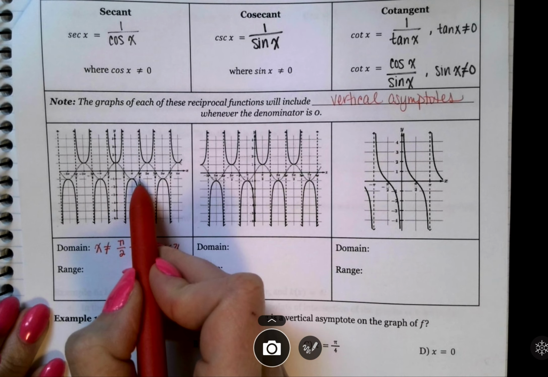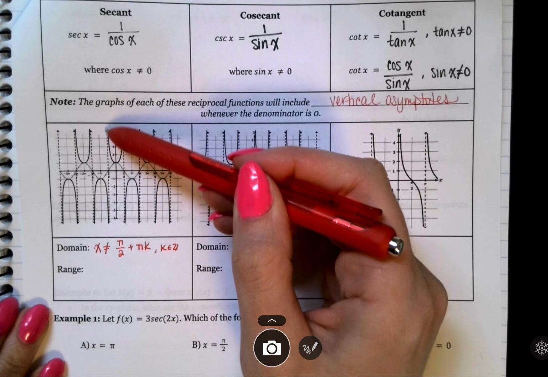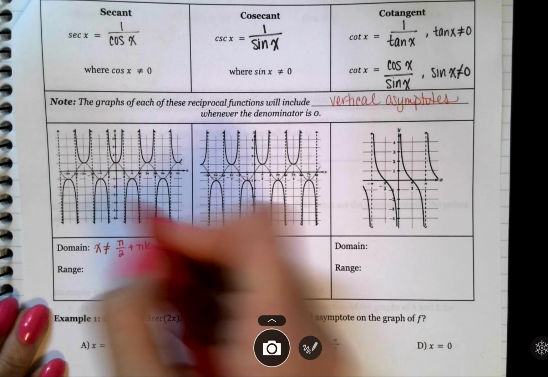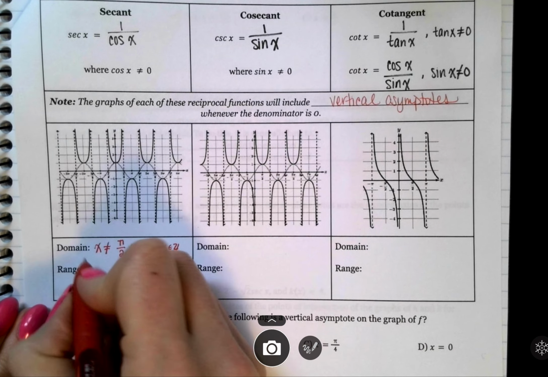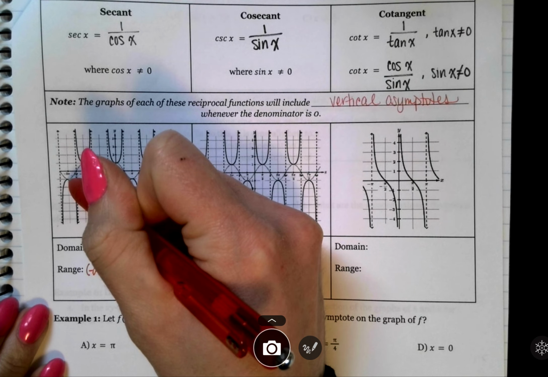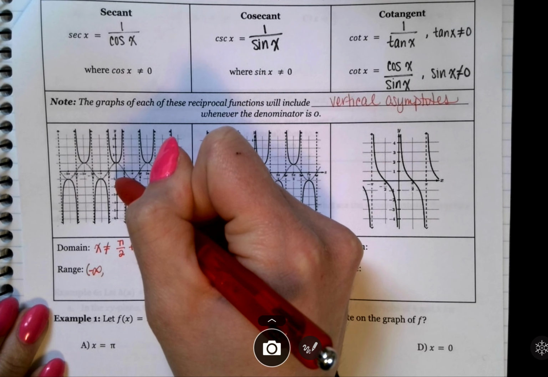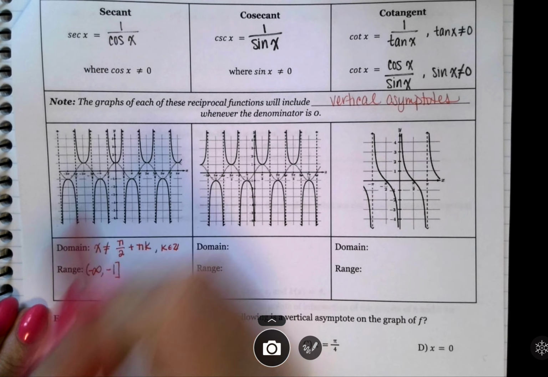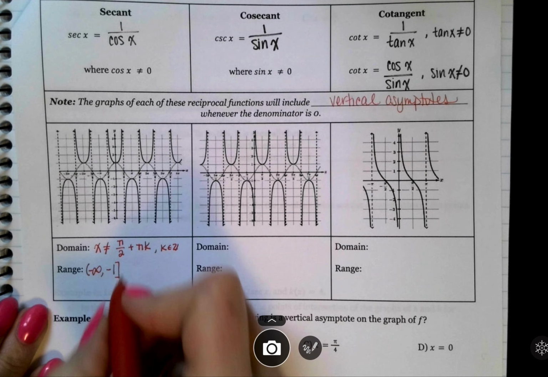For our range, since our graph is made up of two portions, we have the top u's and we have the bottom u's. If we start with the bottom u's, our graph goes down to negative infinity, and it goes up to this point right here, which is at negative 1, and we want to include that negative 1 value because our graph touches it.